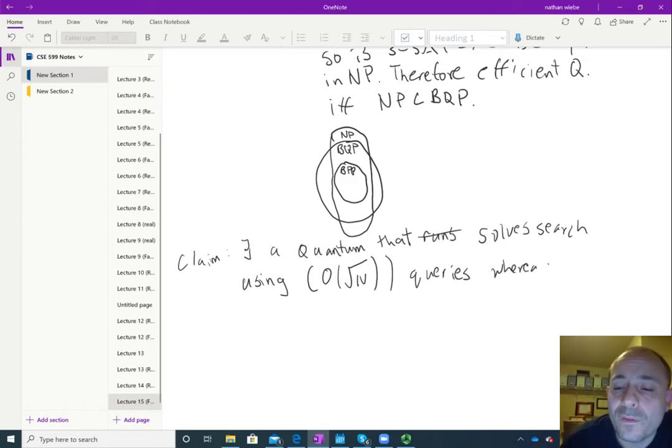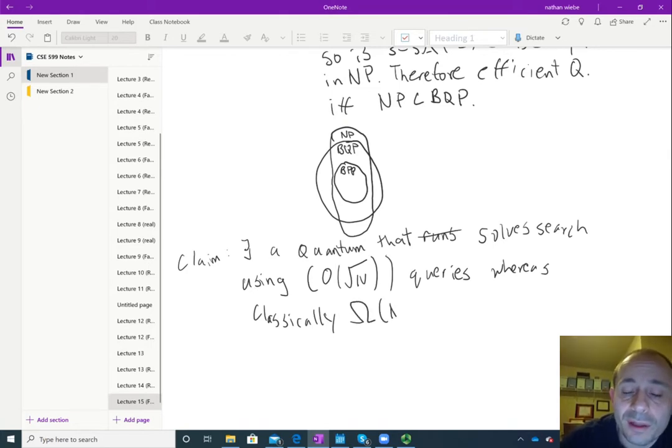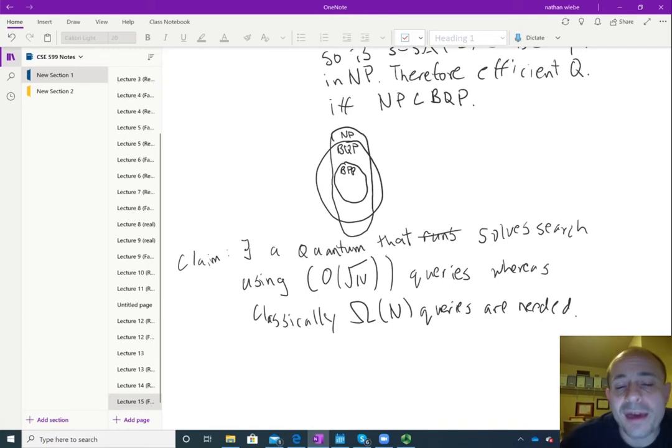Whereas classically, omega of N queries are needed. Meaning, where this omega is just like big O, but it means lower bounded. So that is the gist of what we want to show.